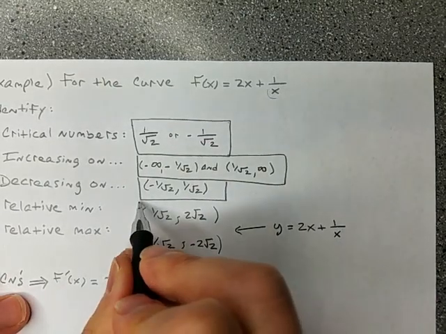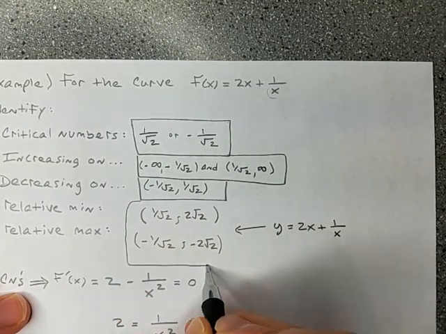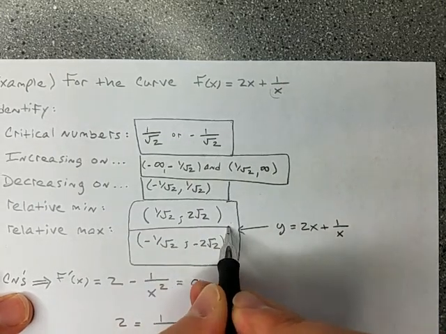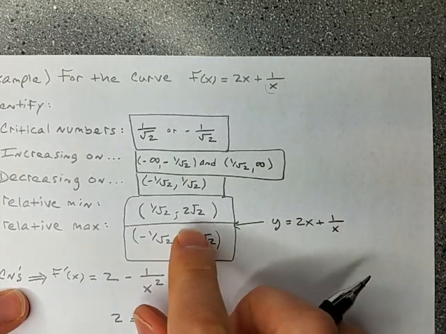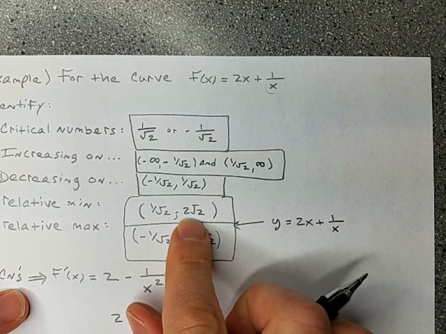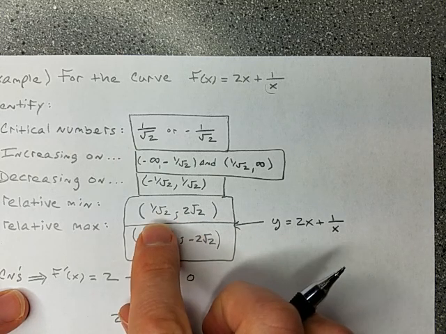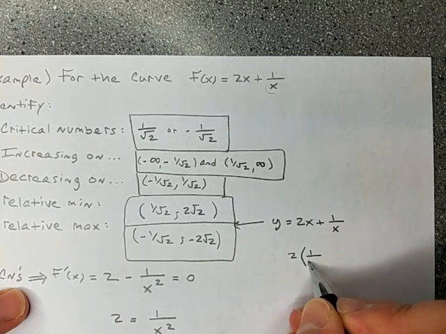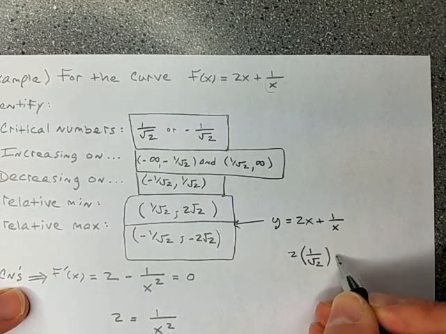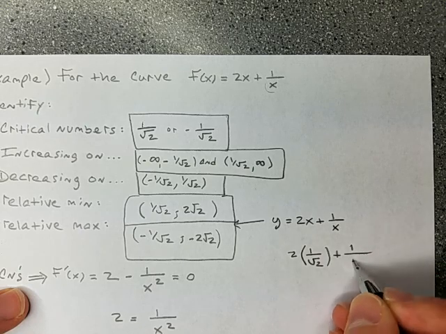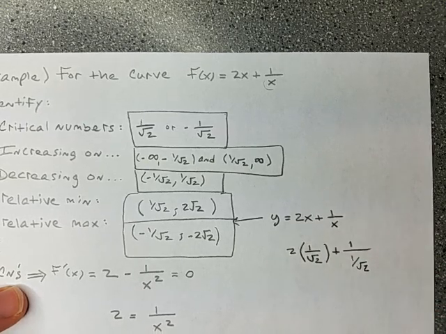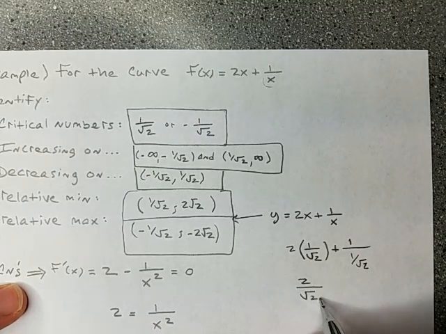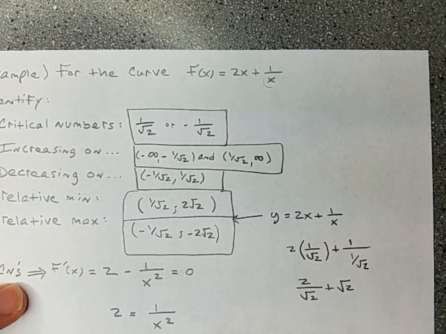All right, so that's the numbers that we get. All right, for the relative minimum and the relative maximum. I'll elaborate a little bit, maybe with that one, how I came up with that number. So say I put this in for x, I'll get 2 times 1 over root 2 plus 1 over root 2. Okay? This will be 2 over root 2 plus root 2.